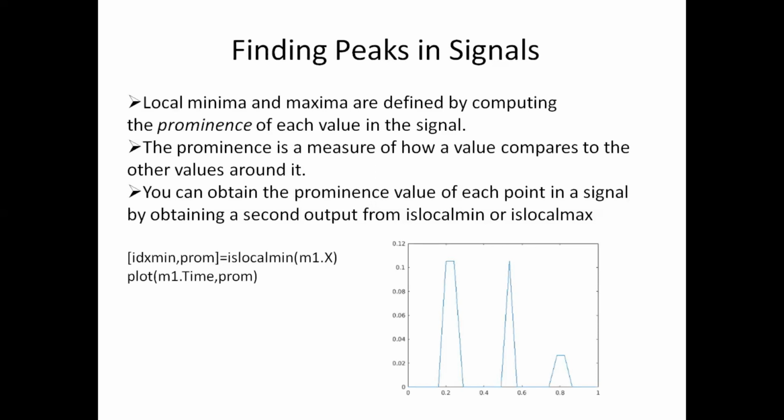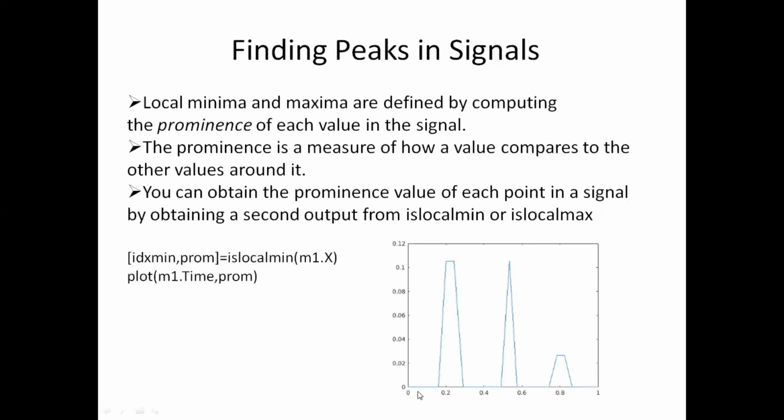but now we are including the prominence value also, to know the prominence of each of the minima and maxima points. You can see here I have used the islocalmin function. It returns the minimum points and the prominence values. Then I am making a plot of time versus the prominence values of each of those local minima points. You can see that plot: the y-axis is the prominence value and the x-axis is the time value.